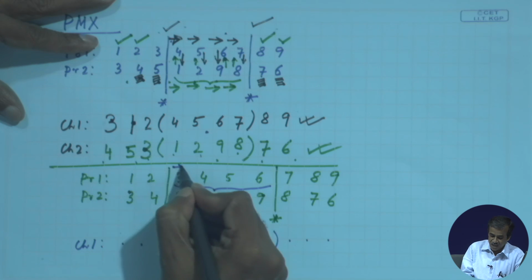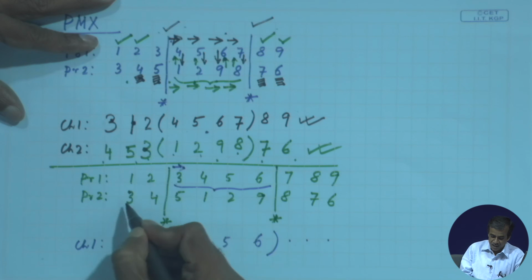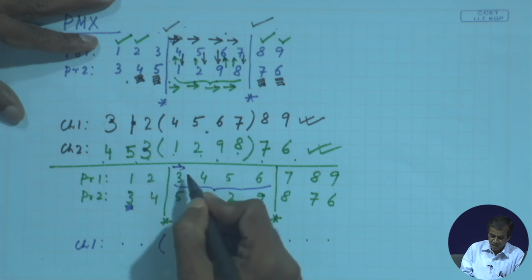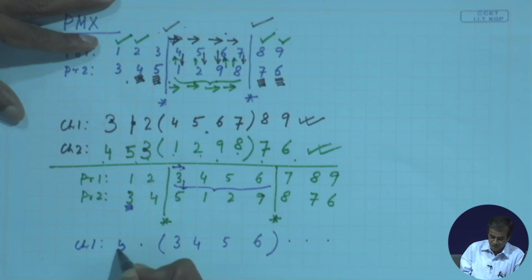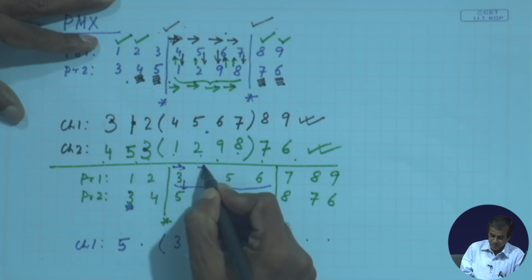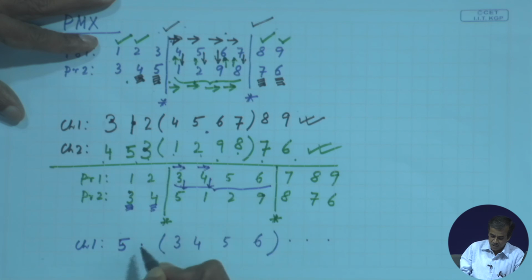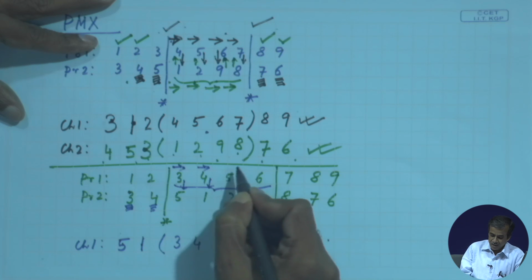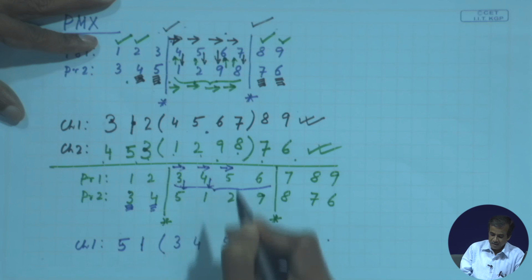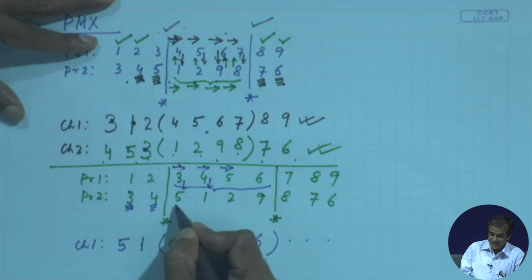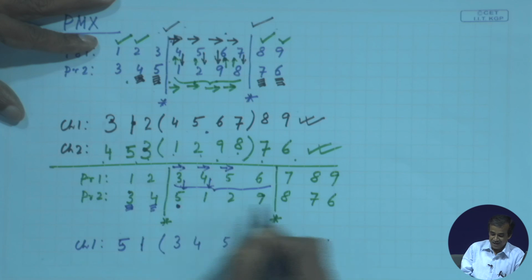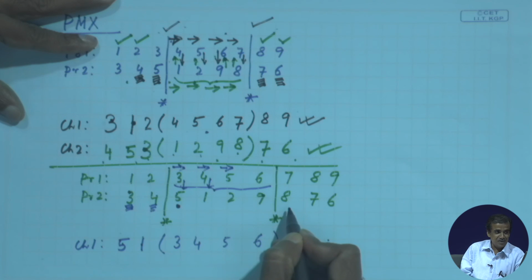Now, you start your search from here. 3, this is the possible location of 3, 3 corresponds to 5. So, you put 5 here. Then comes 4, this is the location of 4, 4 corresponds to 1, you put 1 here. Then comes 5, but this is the location of 5, and it is lying inside the crossover site which has been selected.